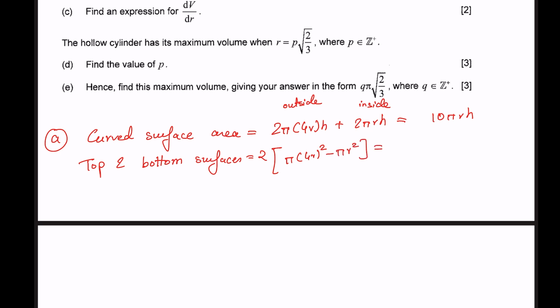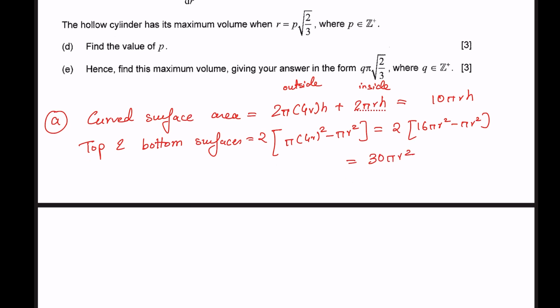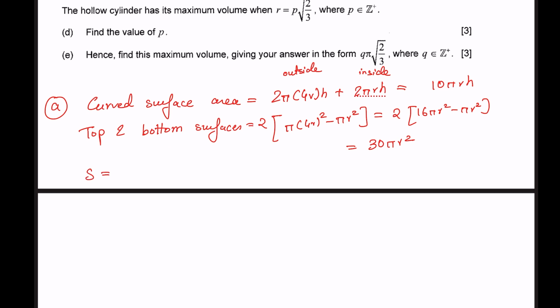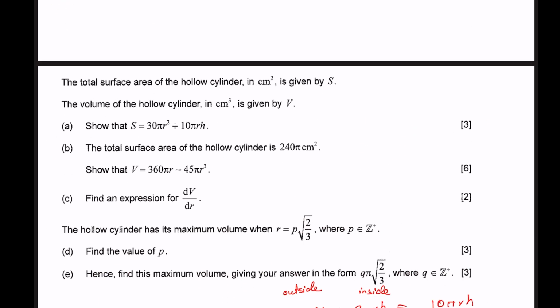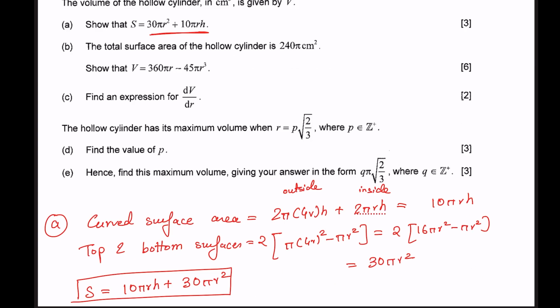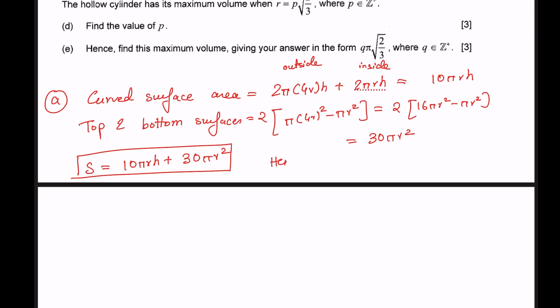So this is 2 times 16 pi r squared minus pi r squared, which is 2 times 15 pi r squared, which is 30 pi r squared. So total surface area S would be the total curved surface area plus the surface area of the top and bottom surfaces, which I'm getting as 10 pi rh plus 30 pi r square, exactly equal to this. So hence we have proved it.